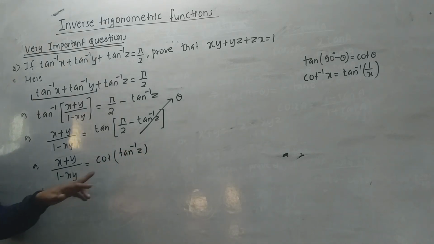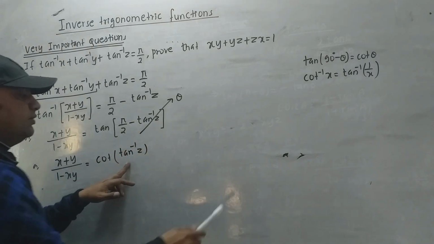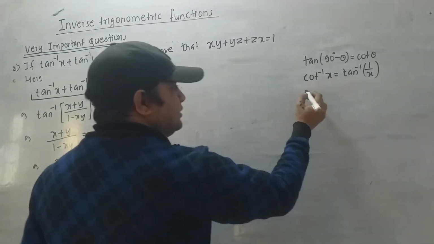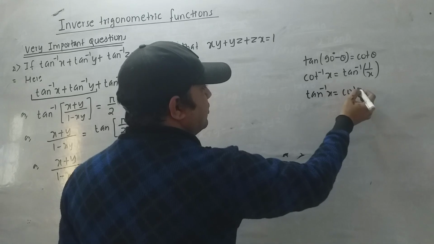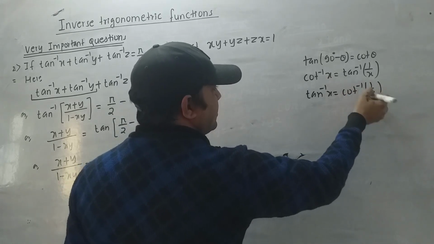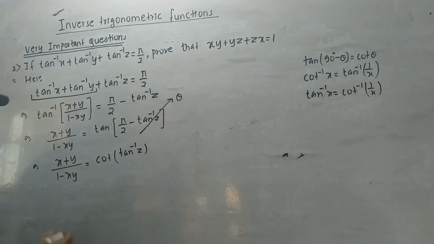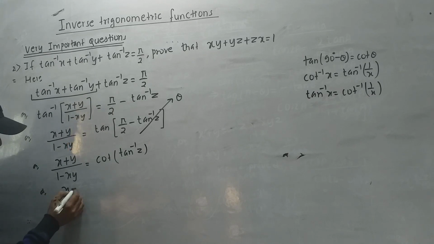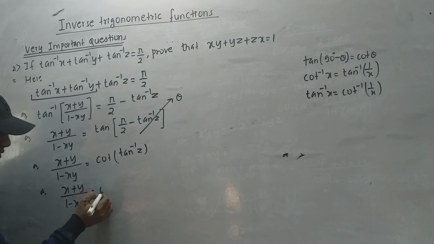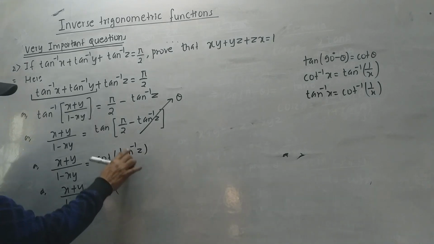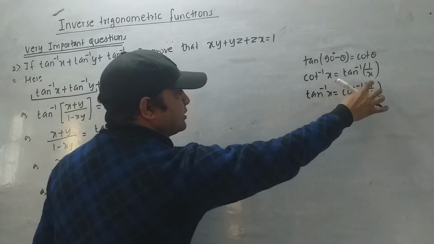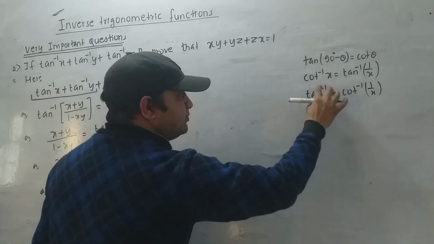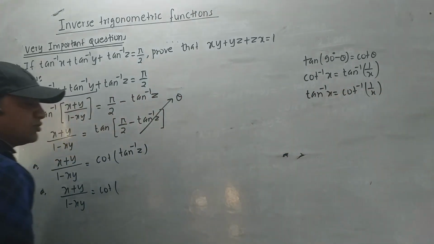So cot of tan inverse z. In a similar pattern, tan inverse x can be replaced by cot inverse 1 by x. That means tan inverse z can be written as cot inverse 1 by z.